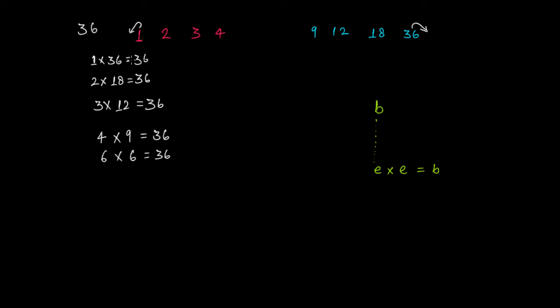Like here you did 1 times 36 and 2 times 18, and in the same way you reach this point. You have 6 times 6 is 36, so here e times e is b.